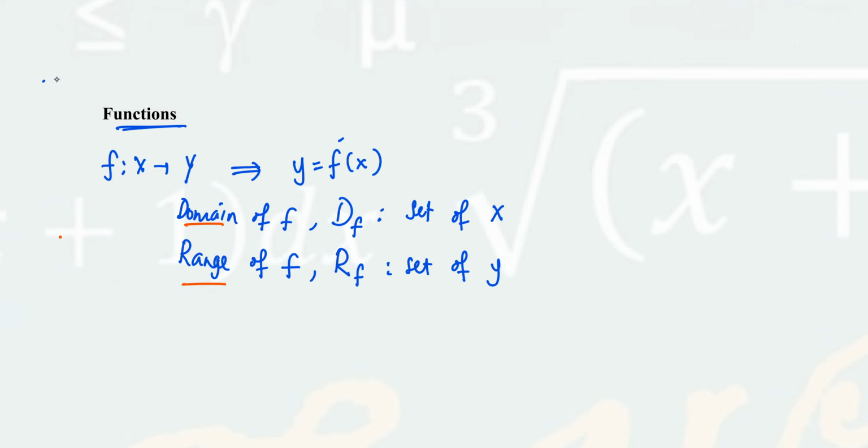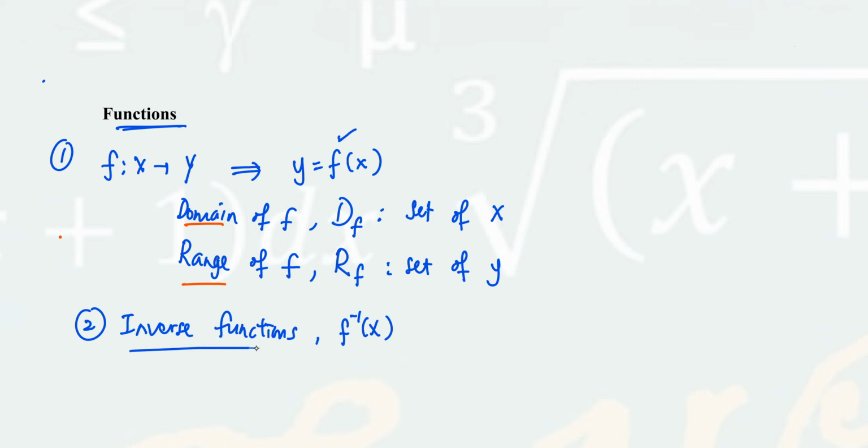Now, the next part that we are going to discuss in this function chapter is the inverse function. If your function is f(x), the inverse function notation is going to be f^-1. This is our inverse function.